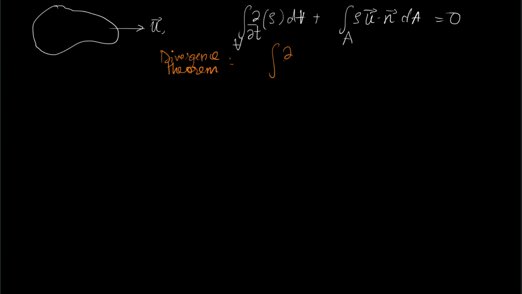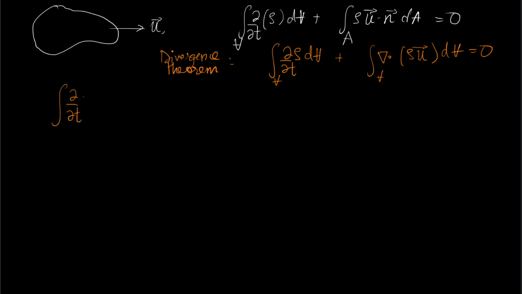So this becomes integral of del t of rho dV over the volume plus the divergence of rho u dV is equal to 0. So then we have the integral of del t rho plus divergence of rho u, this entire object integrated over the volume, equal to 0.